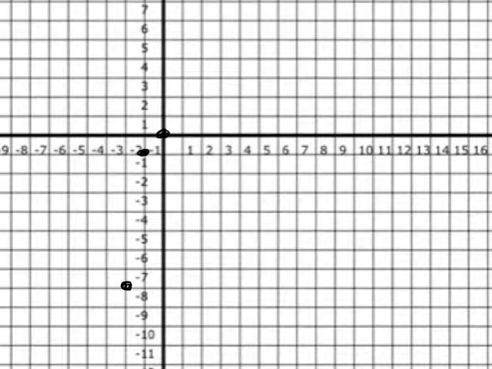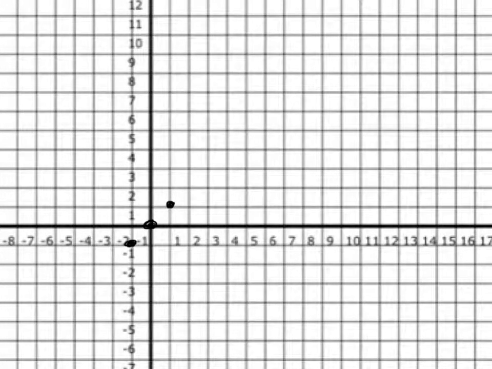So we have to plot those points. We go back 2 and then down 8. Make a dot. The next one was negative 1, negative 1. So here it is here. 0, 0 is here. If we put in a 1, we came back with a 1. And then if we put in a 2, we came back with an 8.